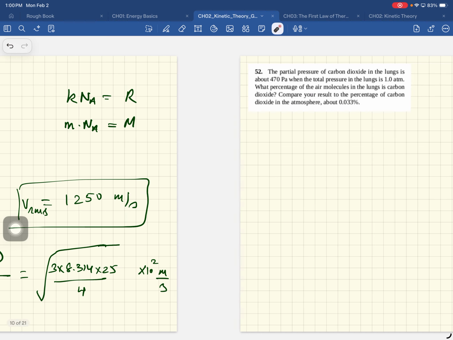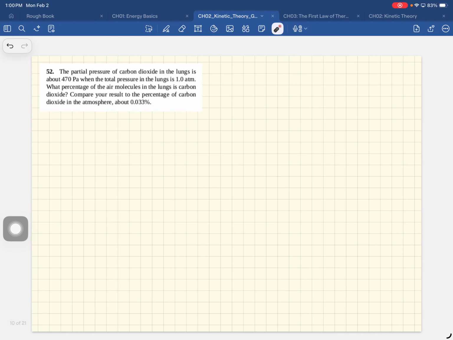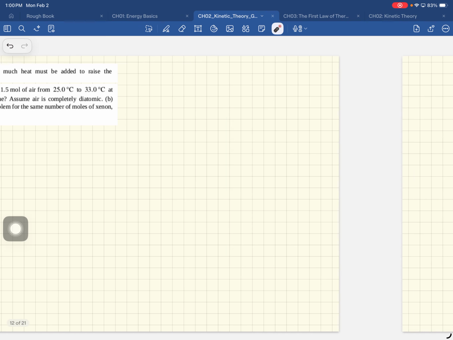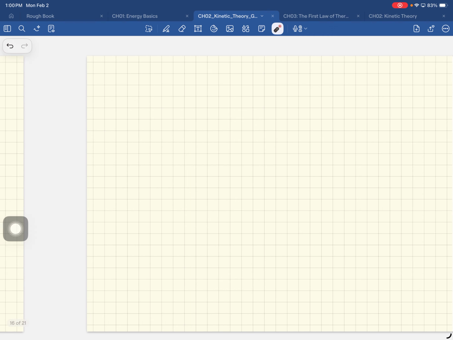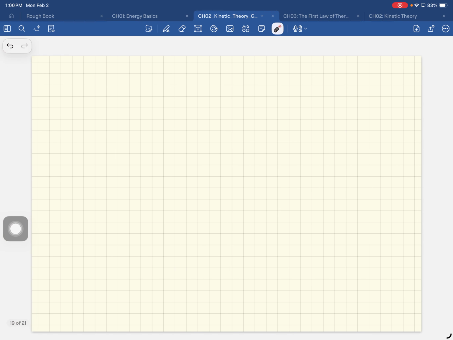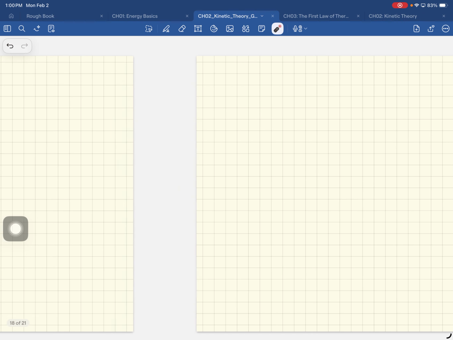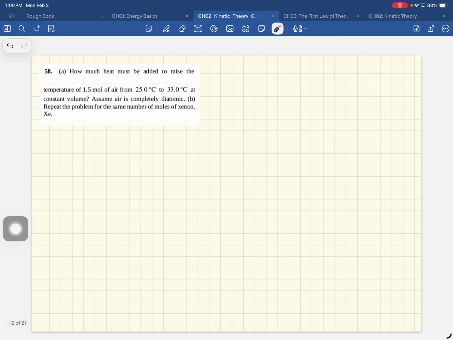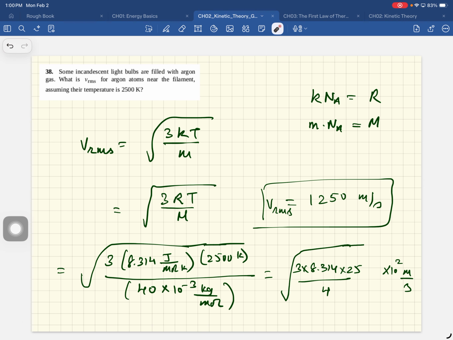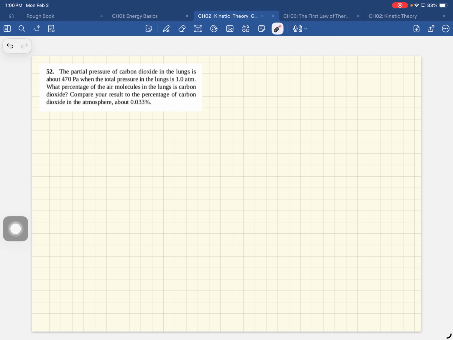And what is 1 atmosphere in pascals? 10 to the 5 pascals. Okay, so 470 into 10 to the minus 5.